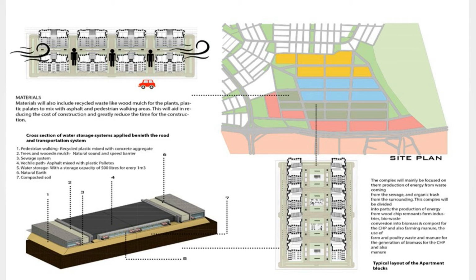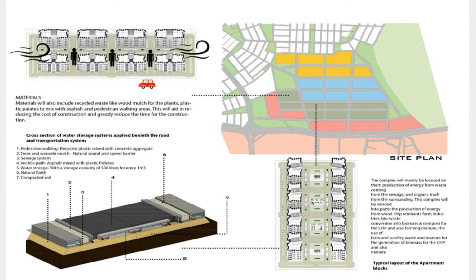They also included recycled waste like wood mulch for the plants, and plastic pallets to mix with asphalt and the pedestrian walking areas. This is to aid in the reduction of cost and also greatly reduce the time of construction, meaning this gives space for the implementation of ideas like the modular design system, and also provides so many other uses.